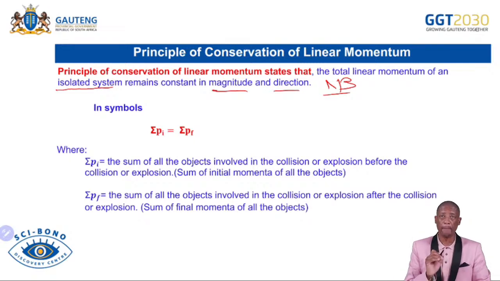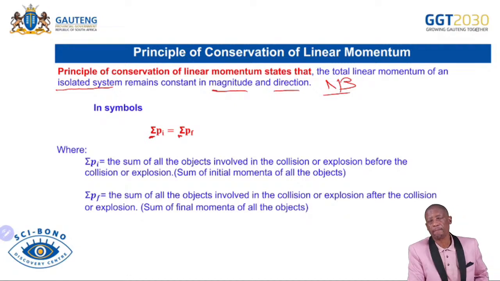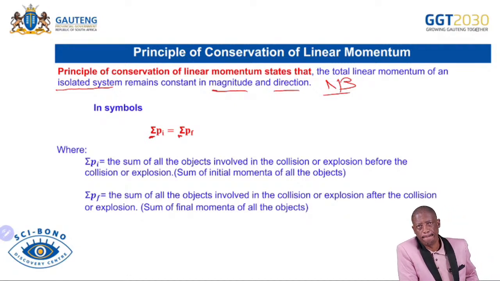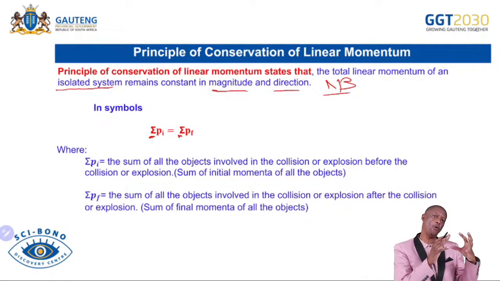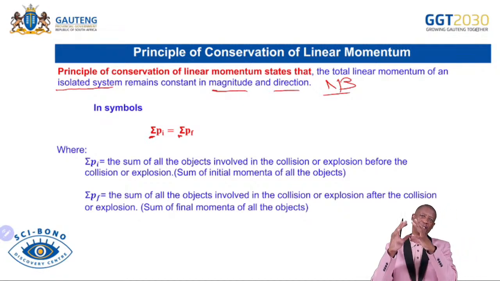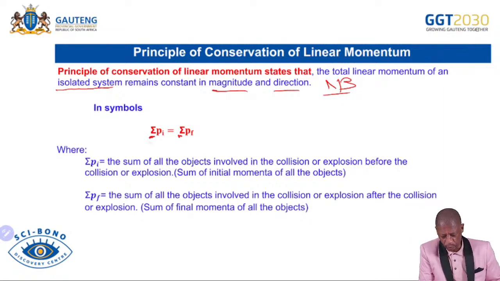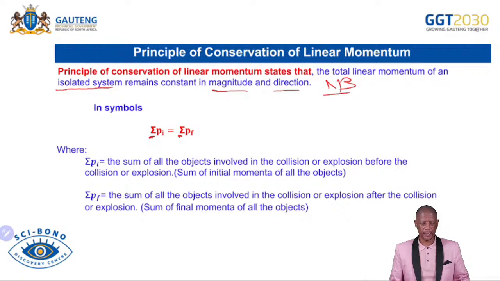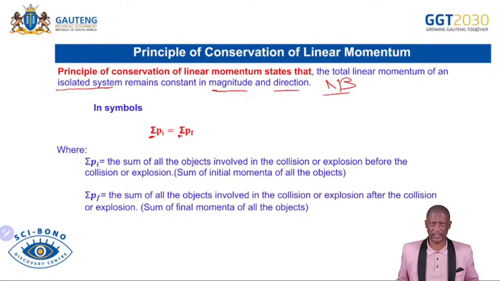So many times learners forget to write this. This sign means sum. So we are going to add all that is in before, then you equate to what is in after. So this is in symbol. And I want to say to you, use this symbol. It's very important that you use this symbol before you can start with calculation.